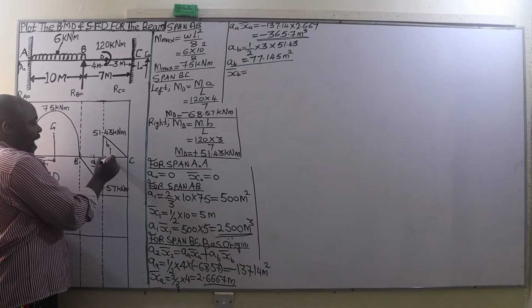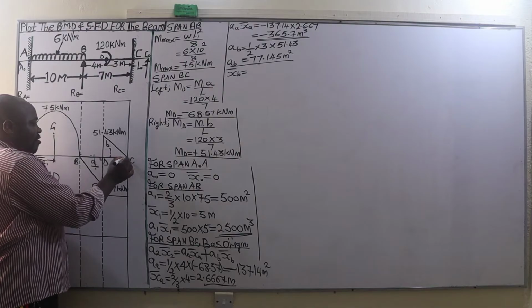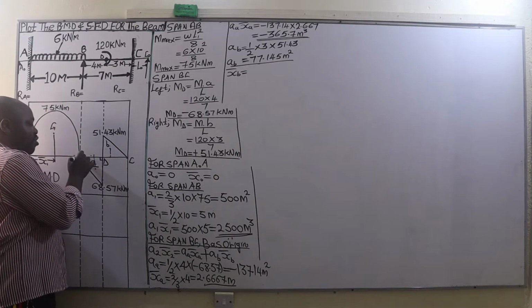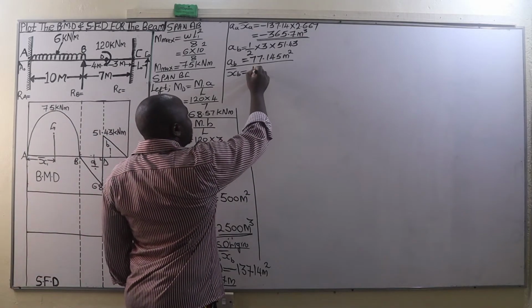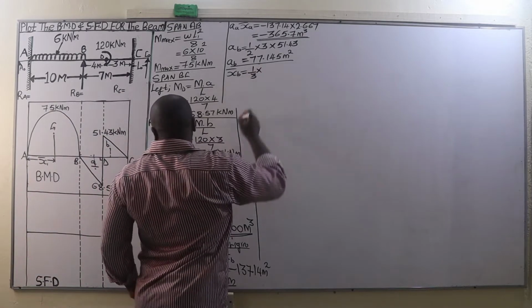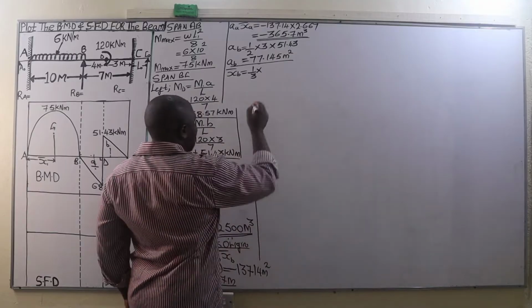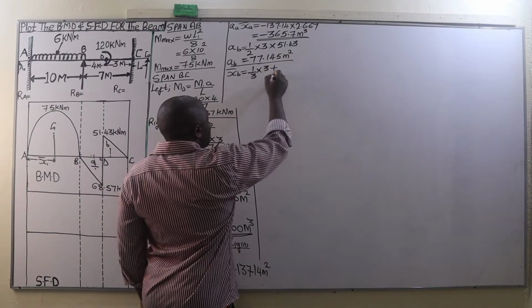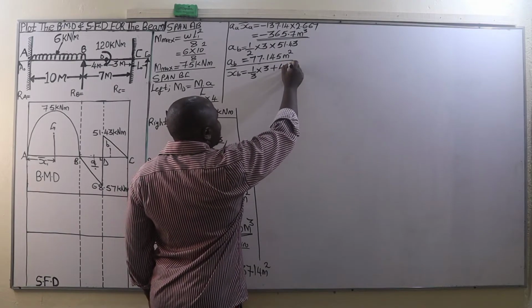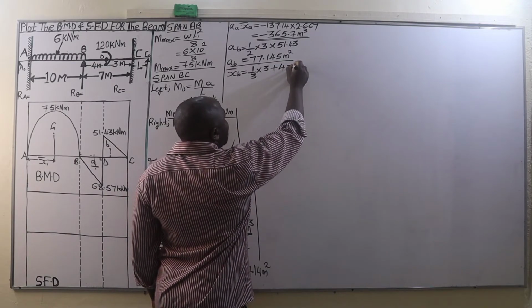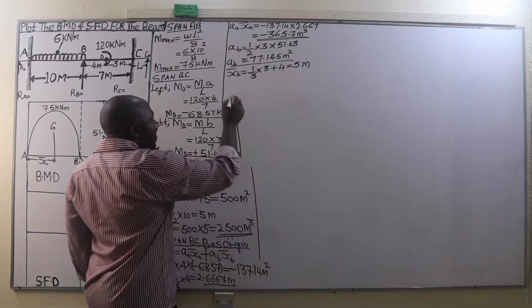Then bar XB is the distance from the center of gravity of this triangle all the way to the end B. It is going to be 1/3 of the base of this triangle, which is 3, plus the distance from D to B, which is 4 meters. And that is going to be 5 meters.